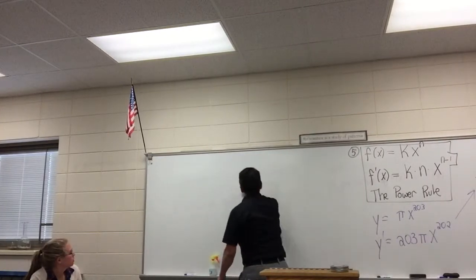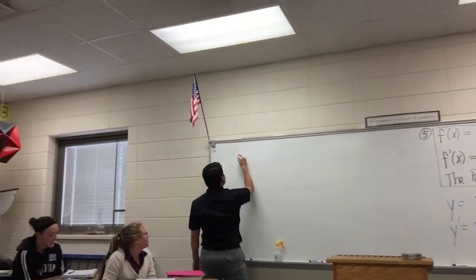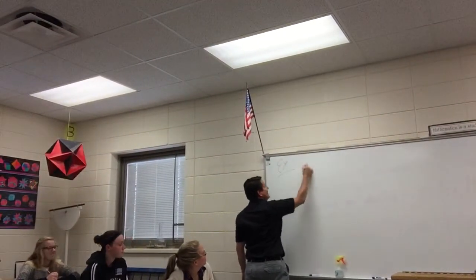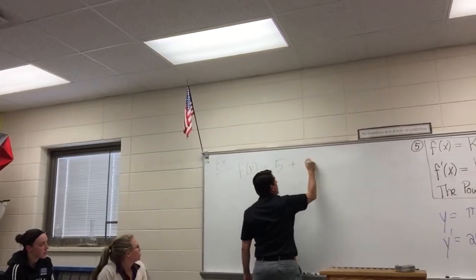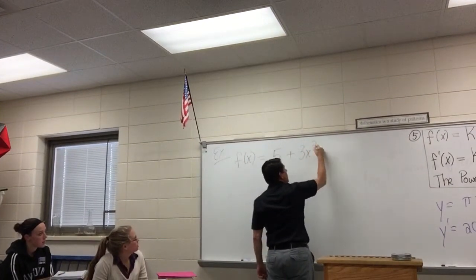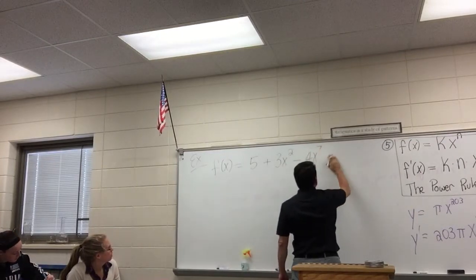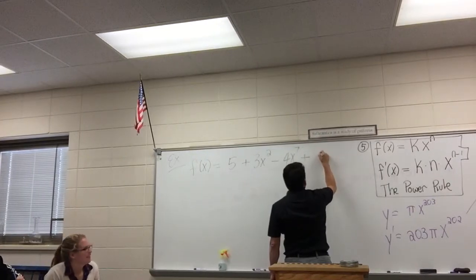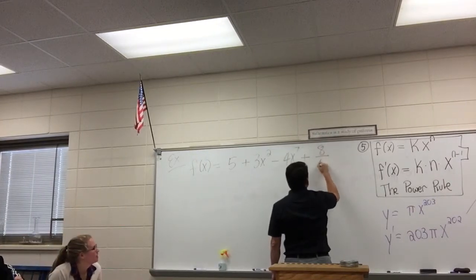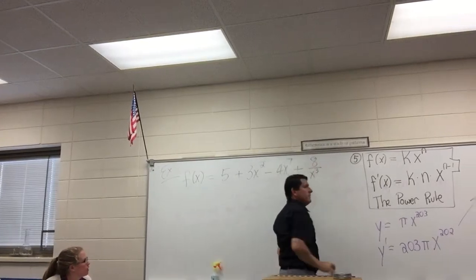It'll just be a small, quick one. Ready? F of x is equal to 5 plus 3x squared minus 4x to the 7th plus 8 over x to the 3rd. What's the derivative of that function?